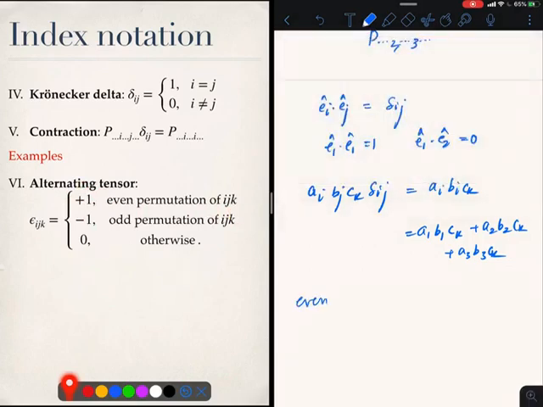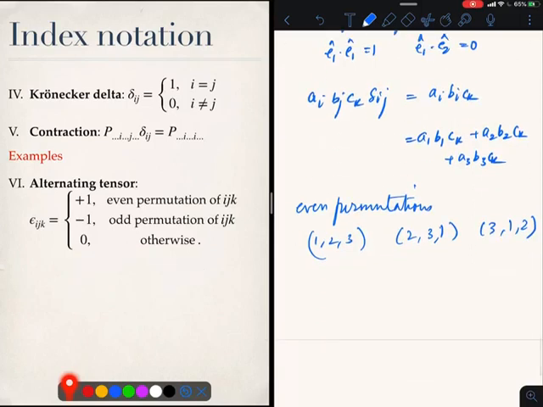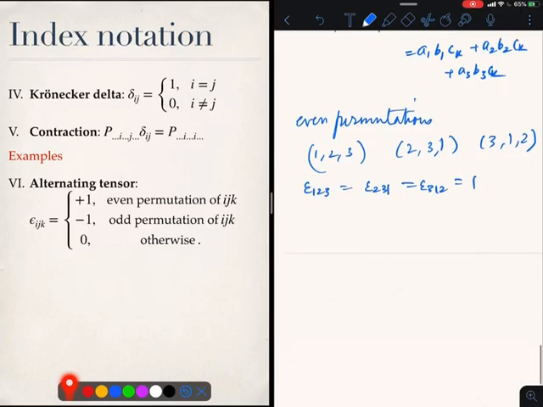Even permutations: 1 2 3, 2 3 1, 3 1 2. Okay, so epsilon 1 2 3 is equal to epsilon 2 3 1 is equal to epsilon 3 1 2, and that is 1. It is minus 1 for odd permutations. What's an odd permutation? These are odd permutations.